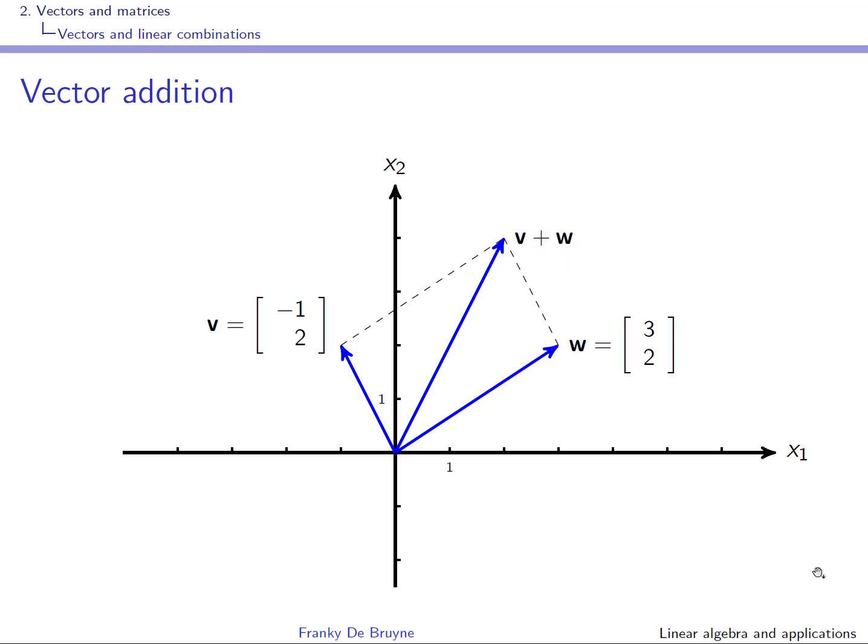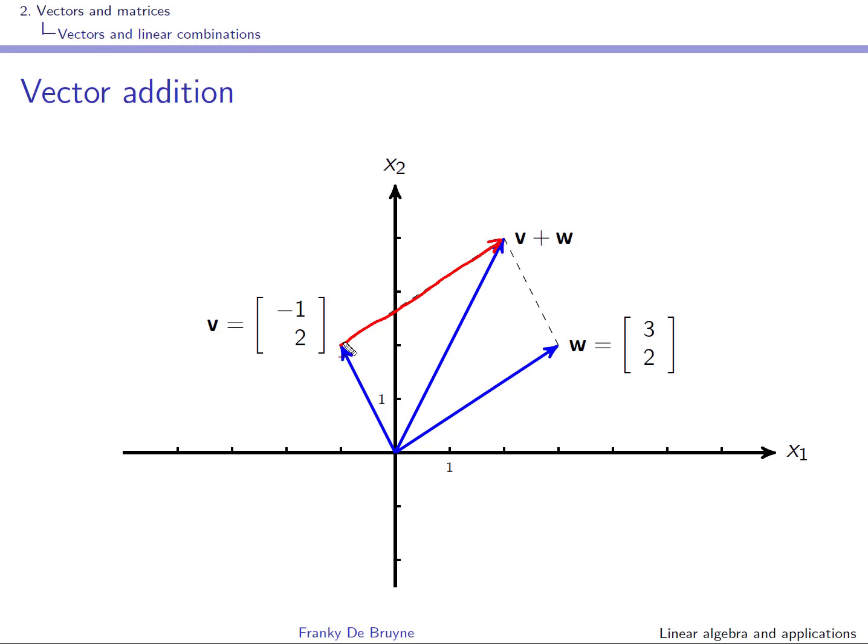Well, the second interpretation is more geometric in nature, and it's using the so-called parallelogram rule. So what you do is place the two vectors head to tail. We'll take, for instance, an equivalent vector to W, and we'll place it over here.